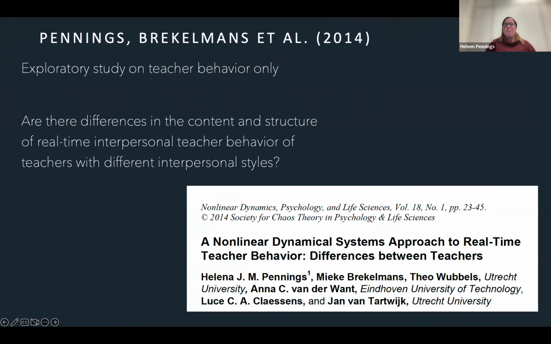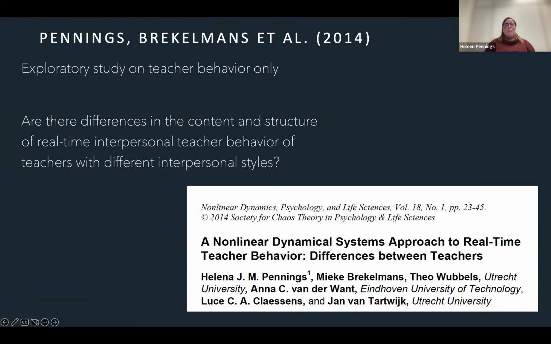So the first one was really exploratory, because we didn't know how we were going to include student behavior yet. So we only studied teacher behavior. So what we did was we combined teacher agency and teacher communion together in one state space grid.